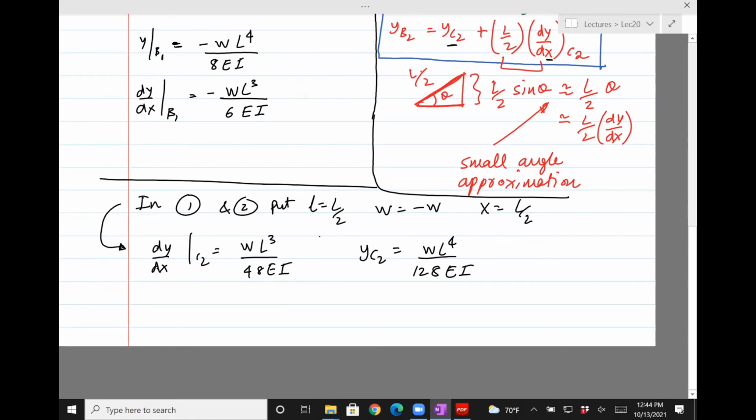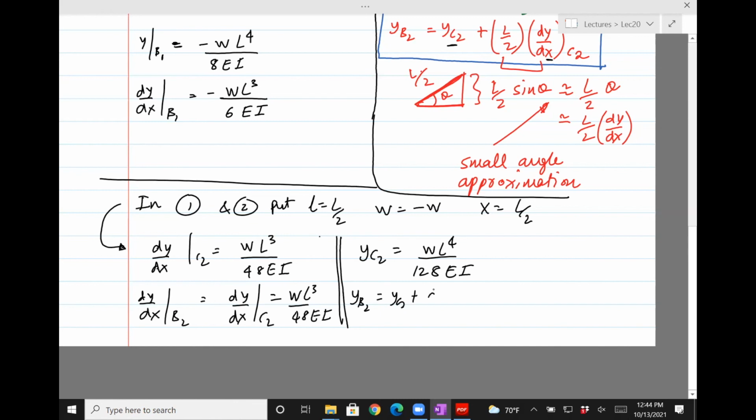Then if I want to find dy by dx at B2, it's going to be the same as dy by dx at C2. So that's the same answer. And if I want to find y B2, it will be y C2 plus dy by dx at C2 times L divided by 2.